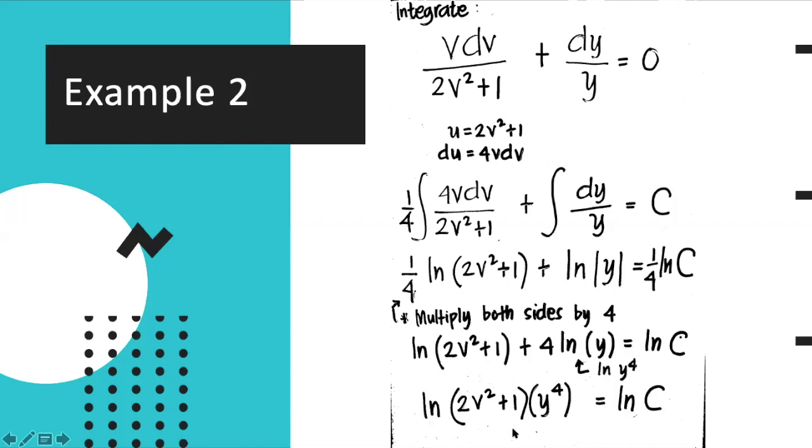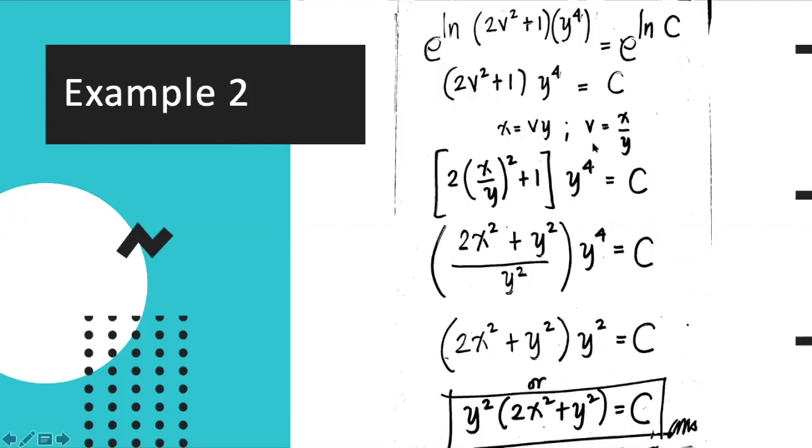And this part now, pwede na ma-simplify by doing the inverse of the logarithmic, which is the anti-ln or exponential. Ayan na siya. So we have 2v squared plus 1 times y raised to 4 equal to, tanggal na yung ln, so magiging c na siya.